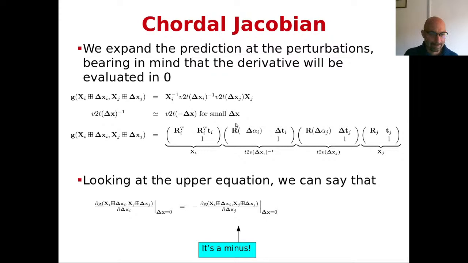Well, if we notice that, we will find a number. Okay? We will find a number, and we will have to evaluate this number with respect to alpha and t, which are equal to 0. Okay. Presumably, you know that the derivative of minus something is equal to minus the derivative of something, right?